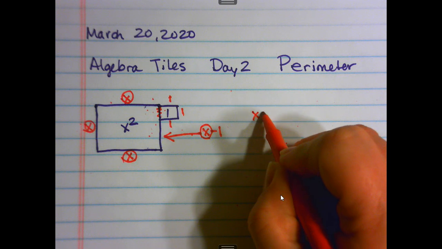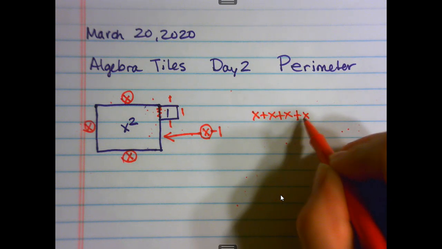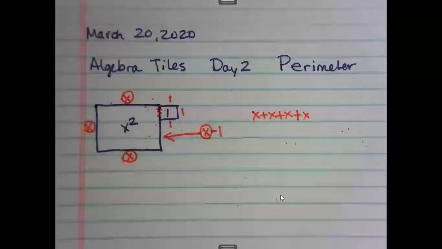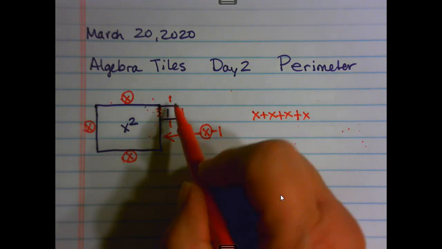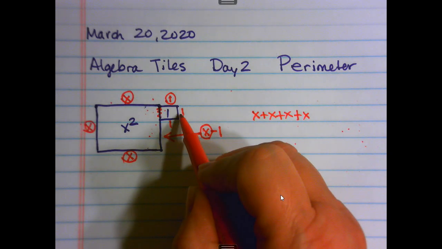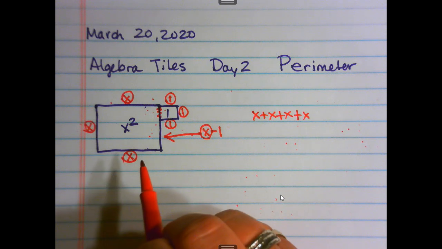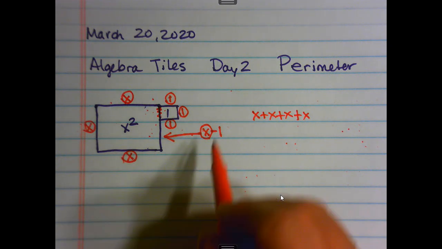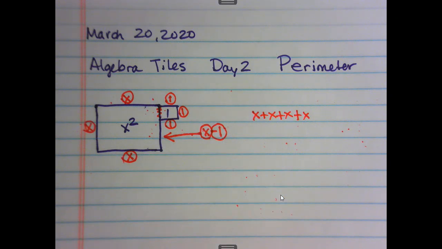So I'm going to write X plus X plus X plus X, and then I'm going to do the same type of strategy. I'm going to go back over here and find all my ones. I've got a 1 here, and another 1, and another 1 for 3 ones, but then I have to take back the one that is connected to that X along that side where they're overlapping.